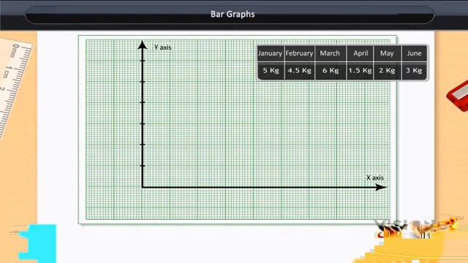The bar graph diagram representing the amount of rice that was consumed by the Gupta family during the months from January to June.